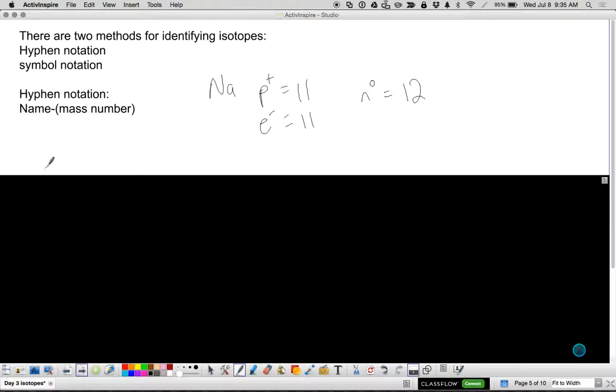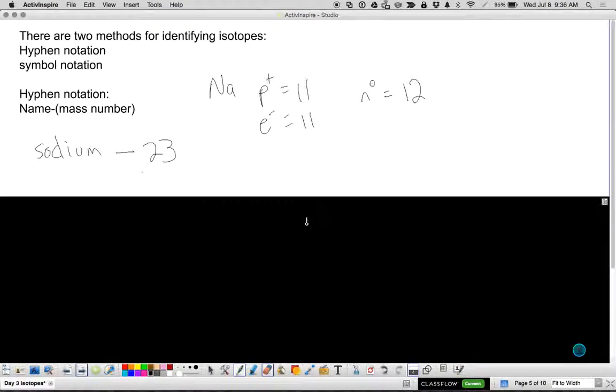So the hyphen notation would be written sodium, hyphen, the mass number. And remember, mass number is the number of protons plus the number of neutrons. So this is 11 plus 12, which is 23. Sodium hyphen 23. So the hyphen notation of this isotope would be sodium-23.